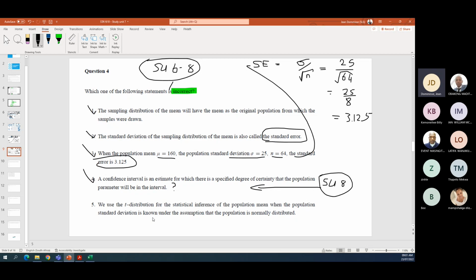We use the t-distribution for statistical inference of a population when the population standard deviation is known. Okay, so this one is the incorrect one. We use t when it is unknown. But we'll get to that in the next few.